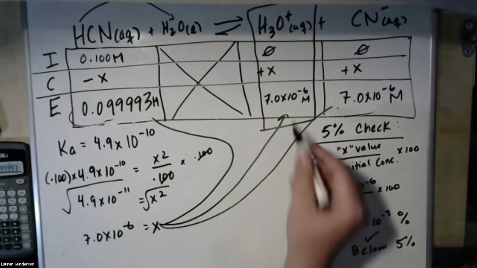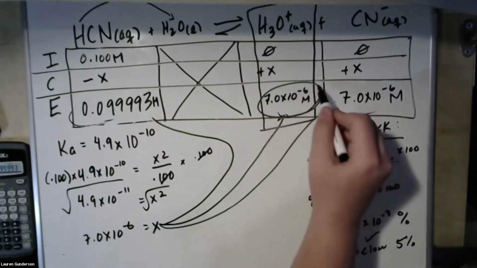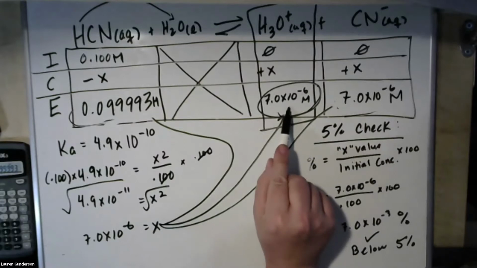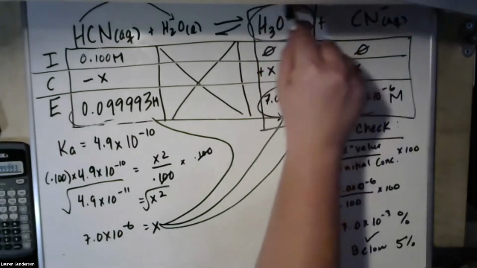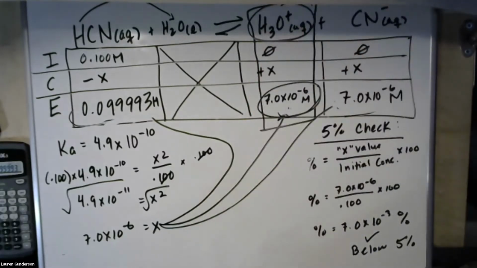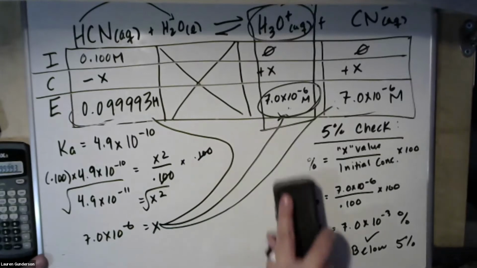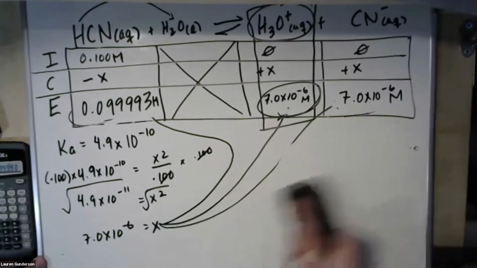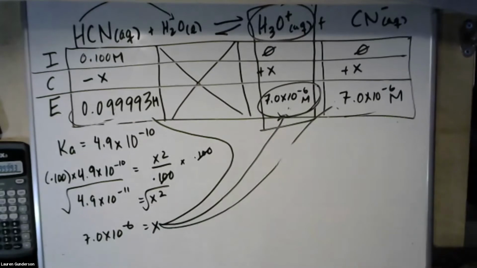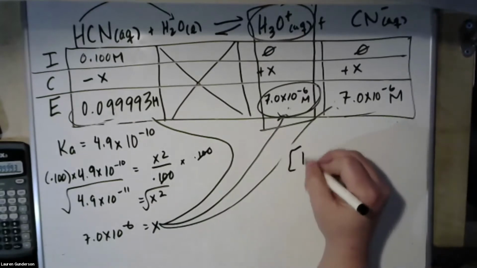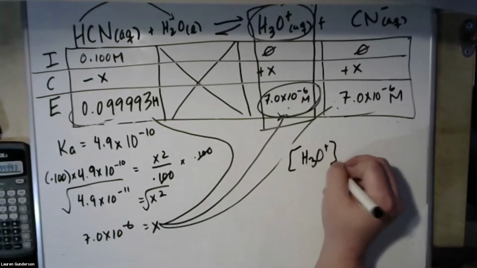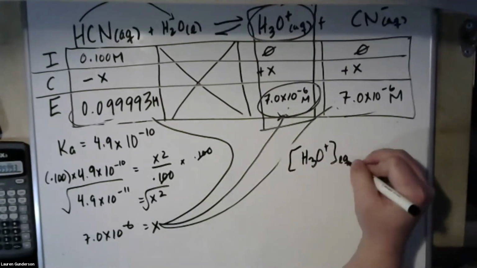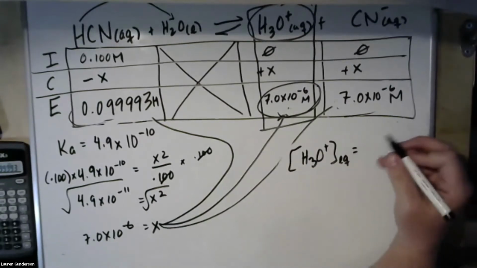But like I said, we want to focus in on this value here, because this concentration tells us what our equilibrium H3O plus concentration is. And if we know our equilibrium H3O plus concentration, then we can find the pH. I'll put a little equilibrium down there so we know that we're focusing in on that one.